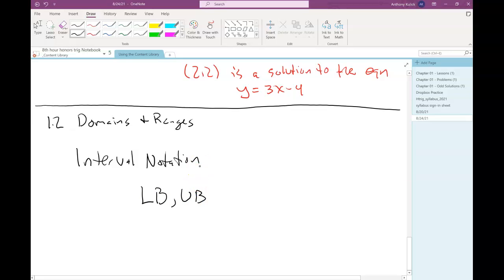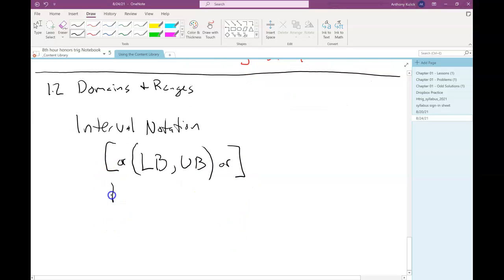And I'll talk about what I mean by lower bound and upper bound in a moment. And then at the end, we're either going to have a parenthesis or a bracket. And that parenthesis or bracket depends on whether that upper bound or lower bound, respectively, is included in the set.